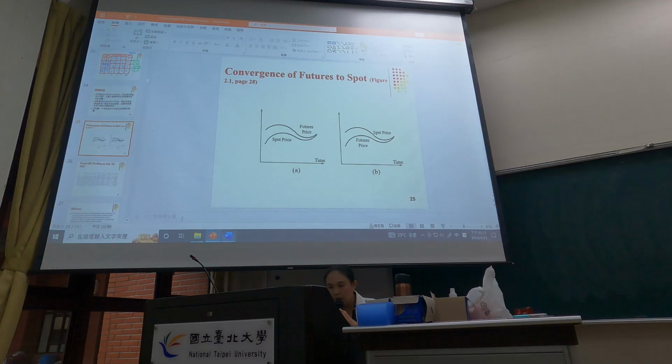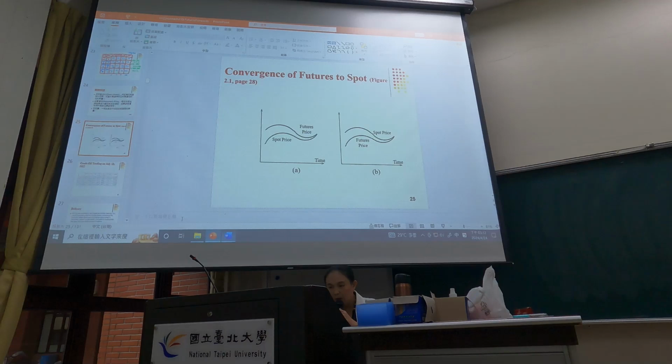So pay attention. If this is a futures contract, 99%, no delivery. Because if you want to do the delivery, you wait until the end of the contract. But in trading of futures, you will not wait until the end. You will do offset trading, right?